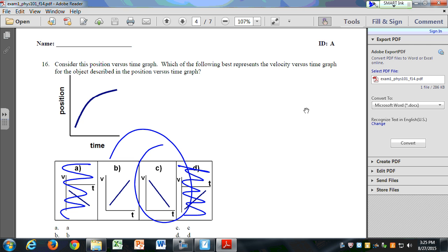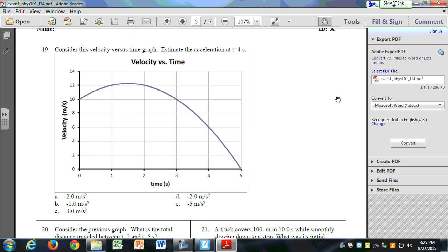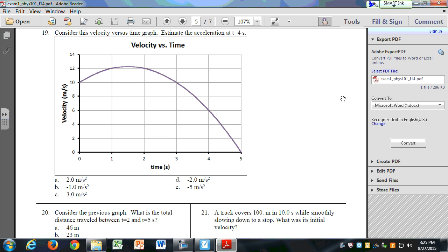You're going to have some quantitative graphs too, like this one right here, where I have a velocity versus time graph. In a velocity versus time graph, the slope gives the what? Acceleration, right. If you ever forget, you can think about the units. Slope is rise over run. That's meters per second over seconds. That's meters per second squared.